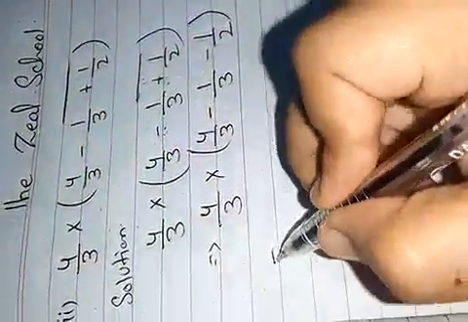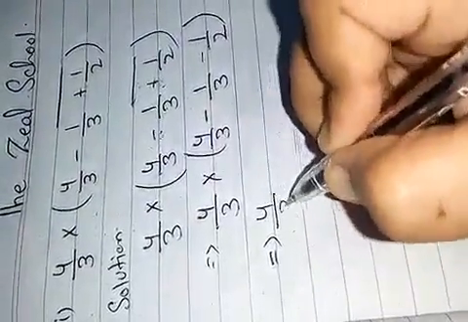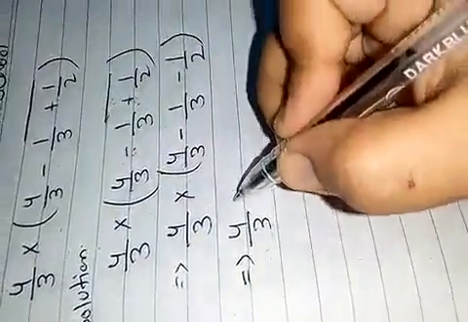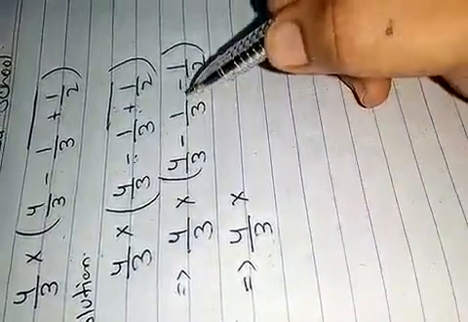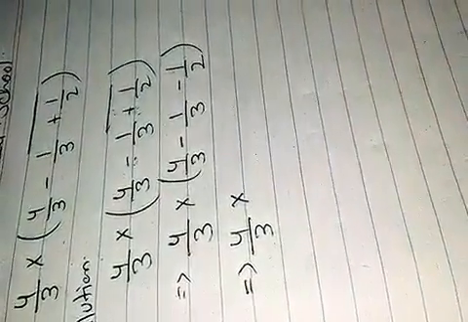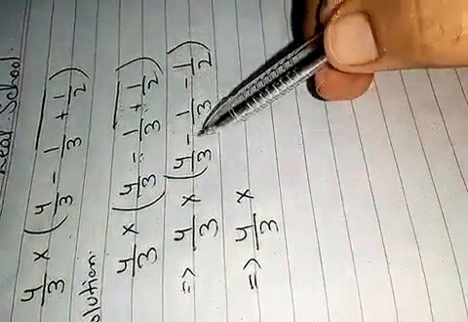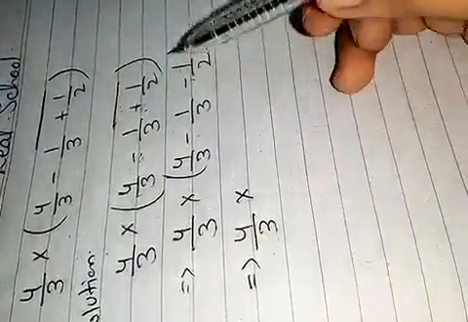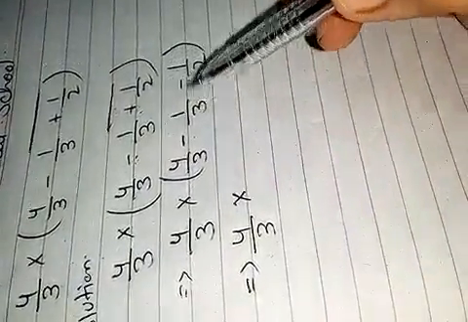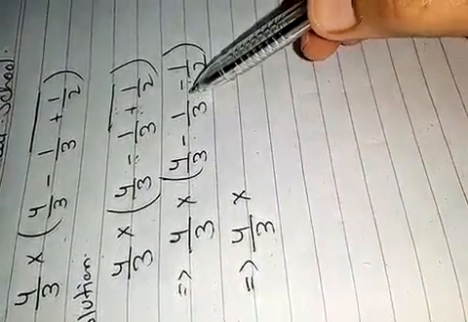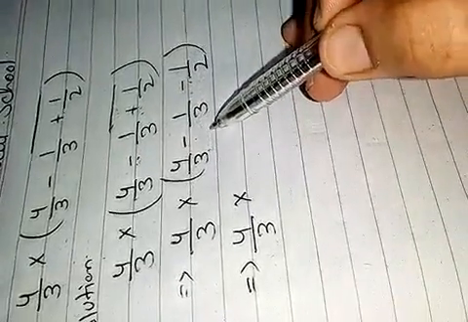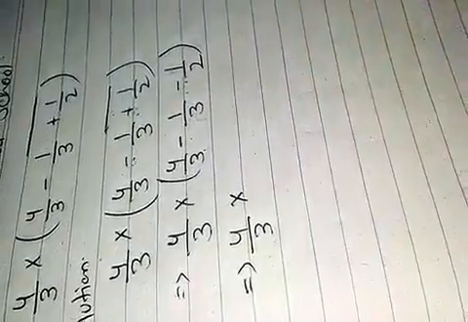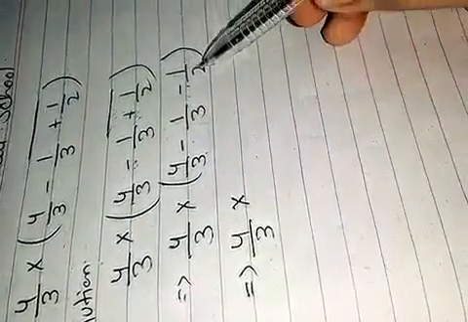Now we have to solve the parenthesis, so we write 4 upon 3 as it is. In this bracket we have subtraction in all. First we solve these two fractions and then the third one.